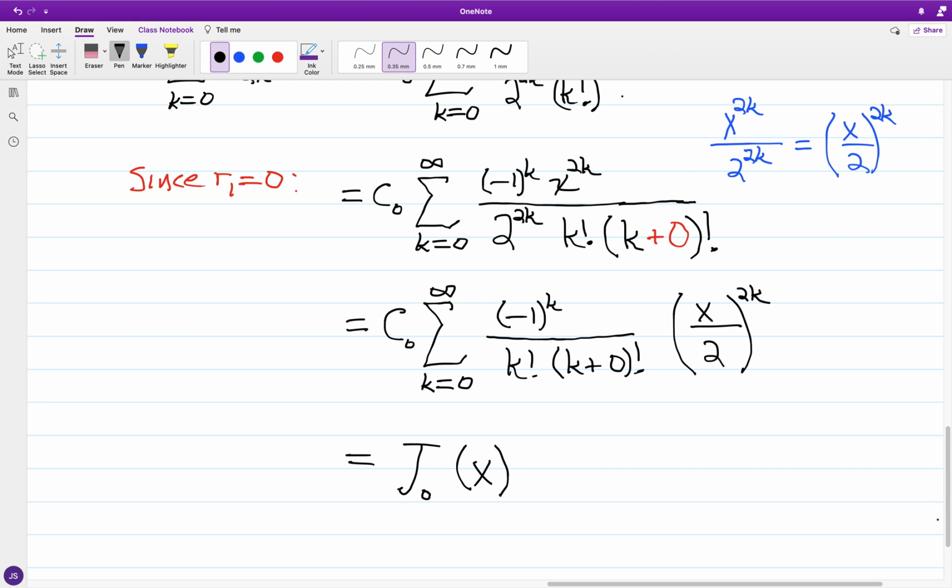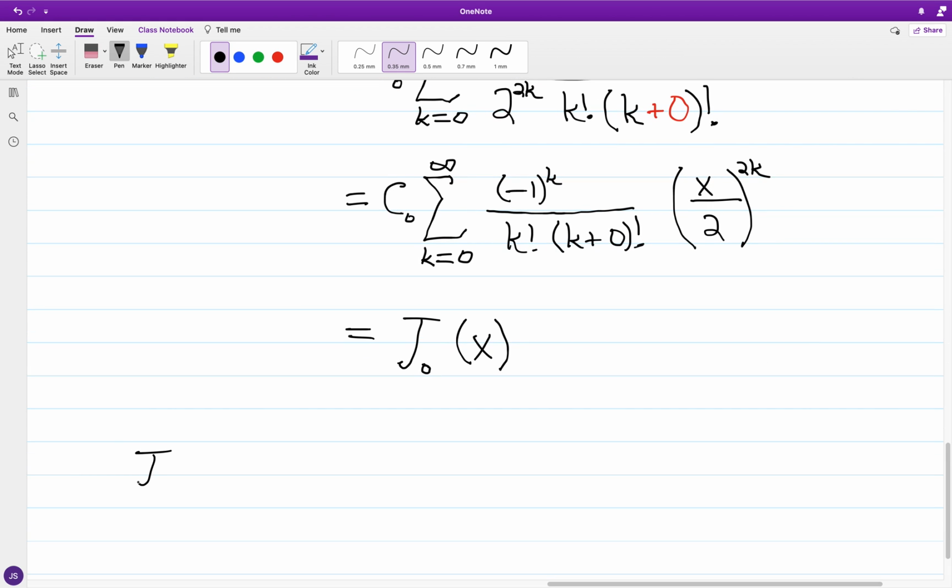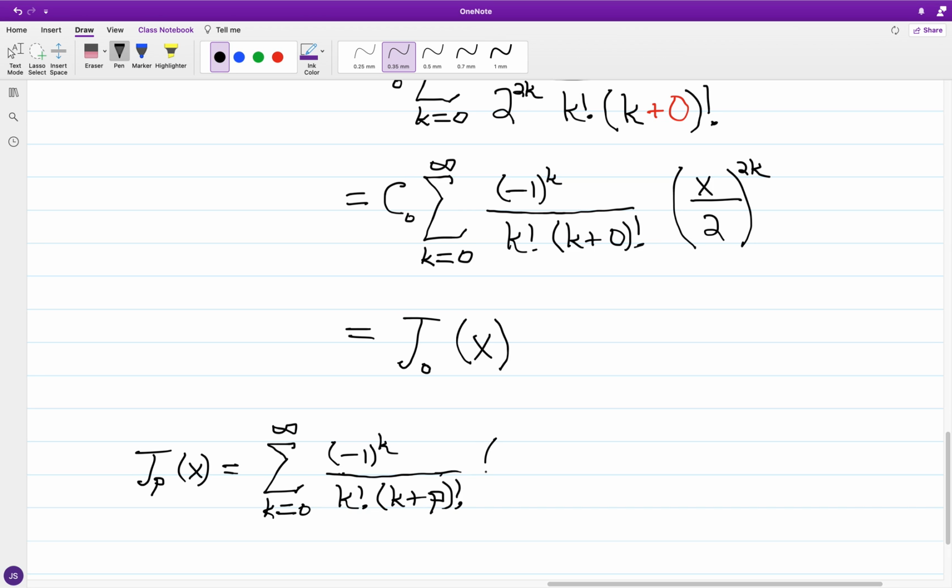Again, for your Bessel function of the first kind of order p, p represents the order, and the order is 0, that's fine.